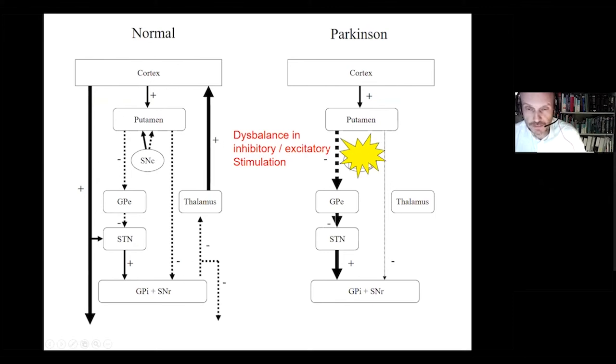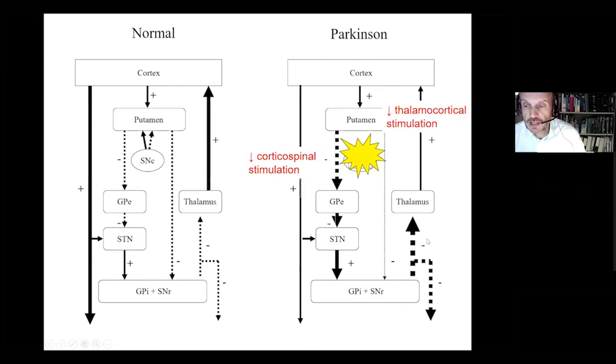Dopamine modulates this activity, and in Parkinson's disease, you have a disbalance, which leads then to the indirect way being activated and the direct way getting underactivated. The result, finally, is a decreased stimulation of the cortex, which then translates in the clinical signs of slowing of movements, reduced amplitudes, which characterize Parkinson's disease.